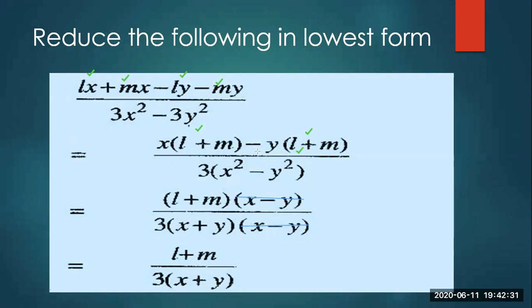When we take the sign common, it will be x into L plus m minus y into L plus m, divided by 3. 3 is common here, so it would be x squared minus y squared, applying the formula of a squared minus b squared, considering the variables: L plus m into x minus y, combining x and minus y together, so it becomes x minus y, divided by 3 into x plus y into x minus y. X minus y will be cancelled with x minus y. We are left with L plus m divided by 3 into x plus y.